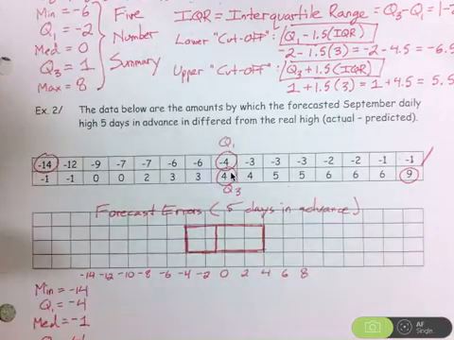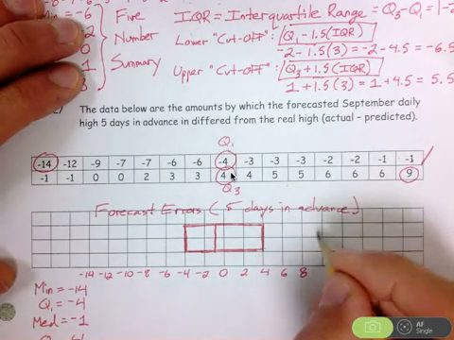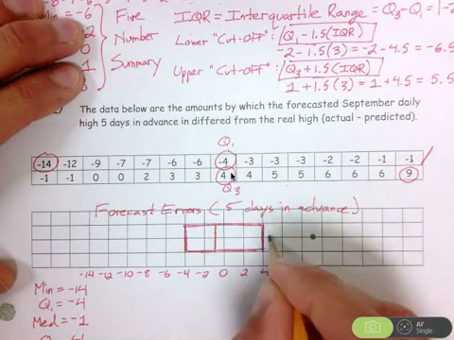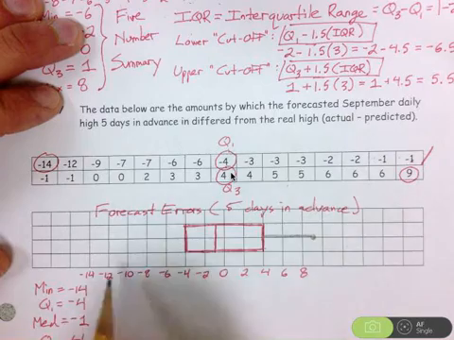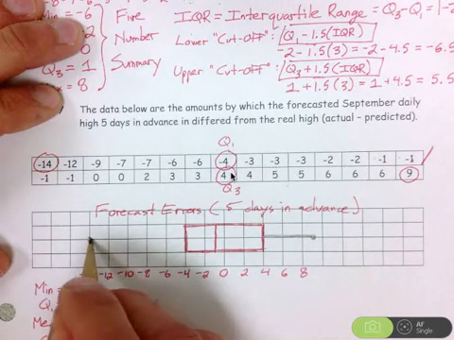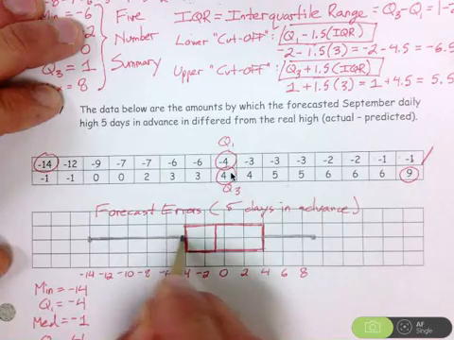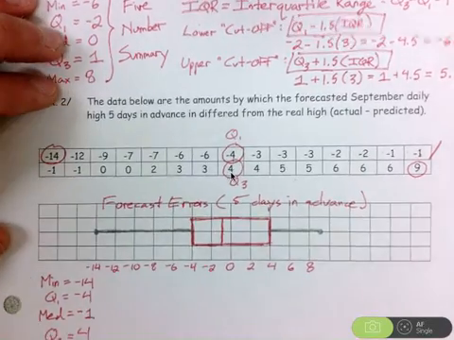And again, I'm going to work in pencil to put my whiskers in. We have a maximum at 9. So again, we might have outliers, so we have to allow for that. And we have a minimum at -14. There we go. So here is our box and whisker plot.